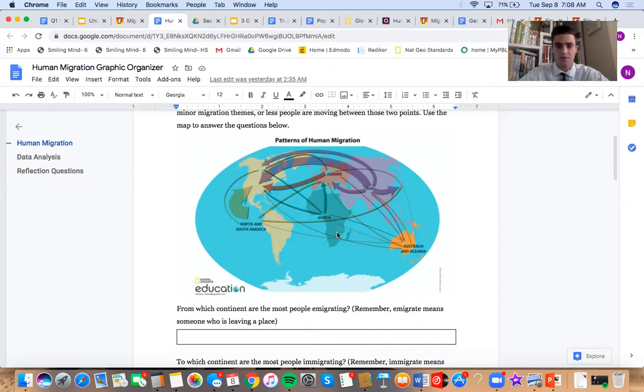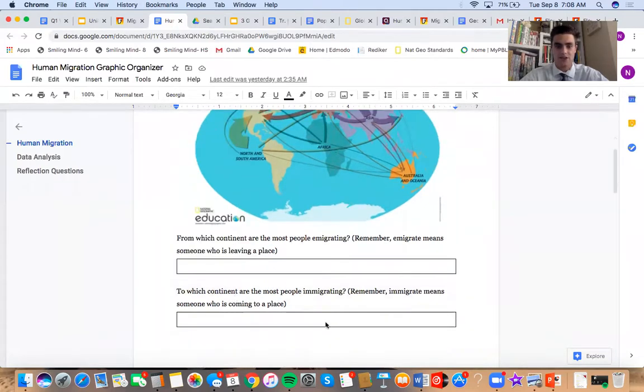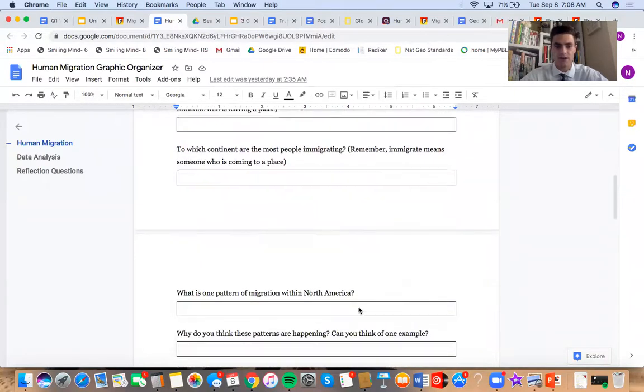So your job is going to be to look at where these people are leaving and where these people are coming to. If it's a bigger arrow, it means more people are moving that direction. If it's a smaller arrow, that means less people are moving that direction, okay? Then you will answer these questions here, alrighty?